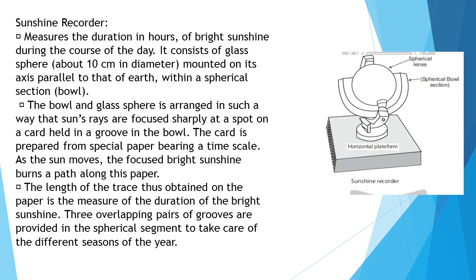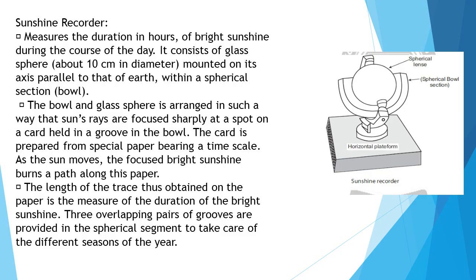Sunshine recorder measures the duration in hours of bright sunshine during the course of the day. It consists of a glass sphere mounted on an axis parallel to that of the Earth within a spherical section bowl. The bowl and glass sphere are arranged in such a way that the sun's rays are focused sharply at a spot on a card held in a groove in the bowl.